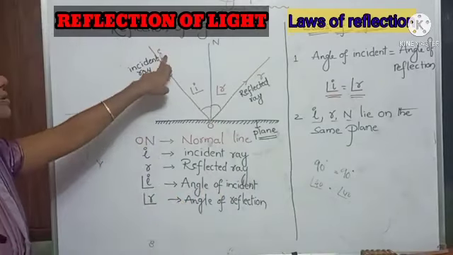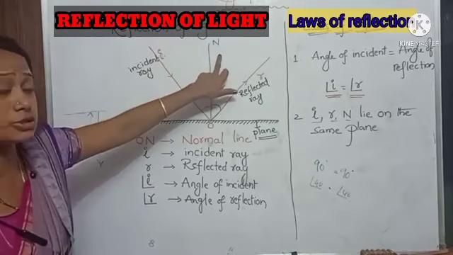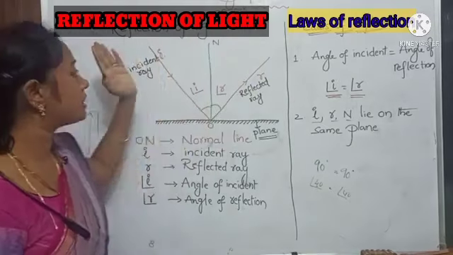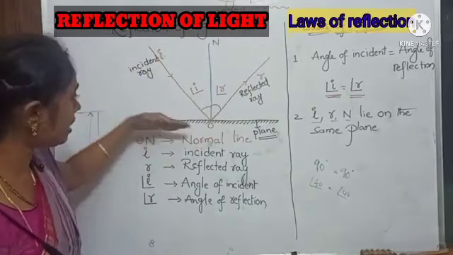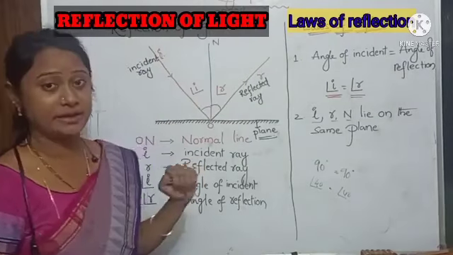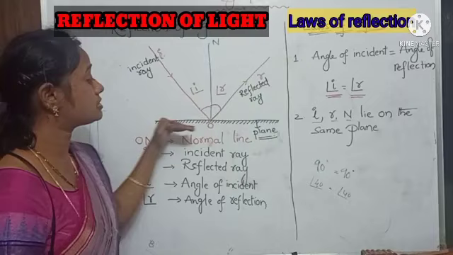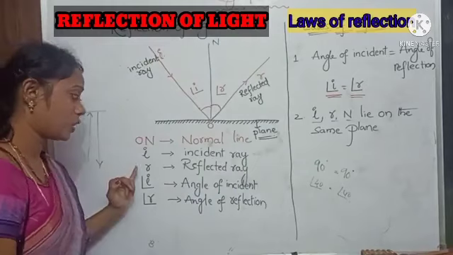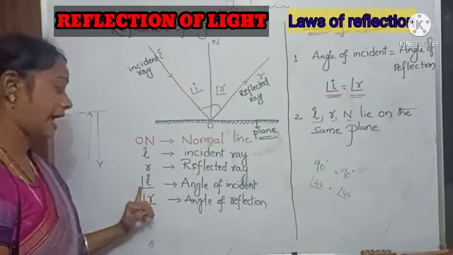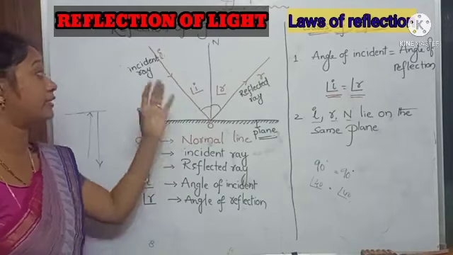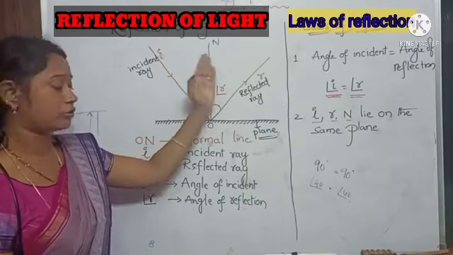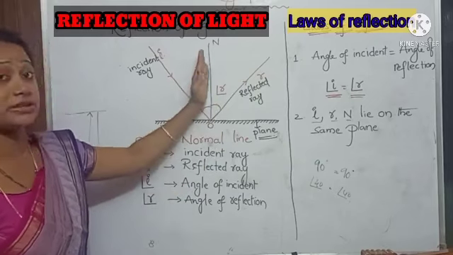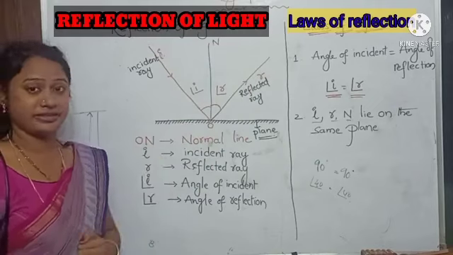Here this is I, the incident ray, this is the normal, and this is the reflected ray. These three lines lie on the same plane. So here I is the incident ray, R is the reflected ray, and angle I is the angle of incidence, the angle made between the incident ray and the normal, and angle R is the angle of reflection, the angle made by the normal and the reflected ray.